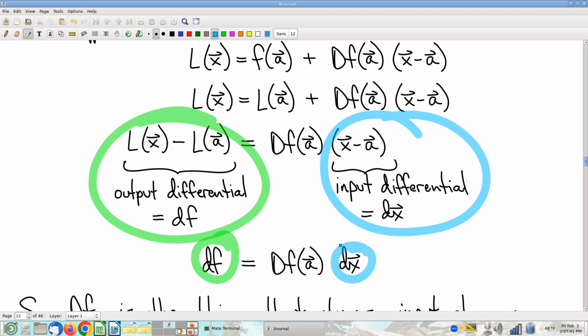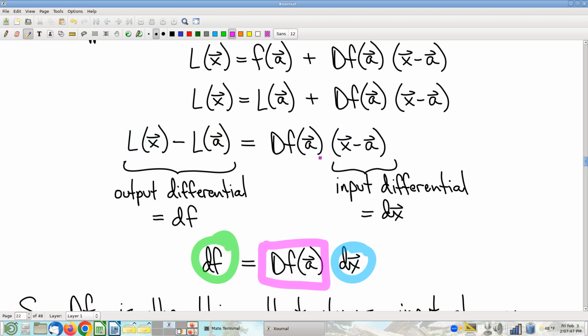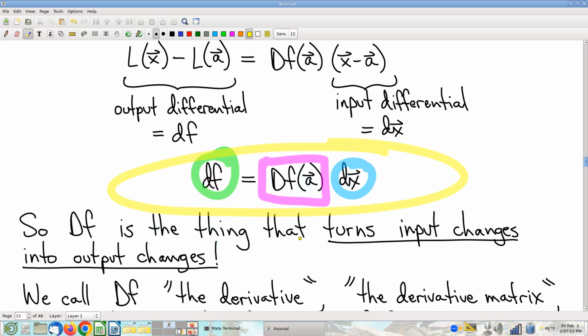So check it out then, what our DF matrix is doing. Our DF matrix here, and I kind of like looking at it down here instead, same thing. Our DF matrix is a relationship between input changes and output changes. And if you recall the very first thing that we said about derivatives, I promised that there's going to be a bunch of different derivatives in this class. And by the way, we've kind of already seen a bunch of different derivatives. Partial derivatives, the gradient vector is kind of a derivative in its way.